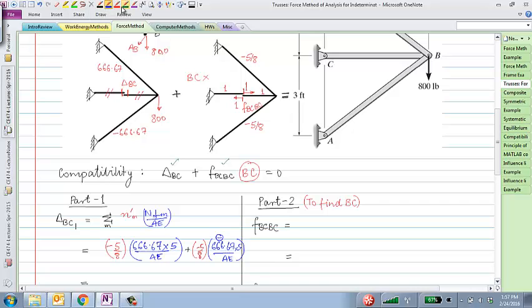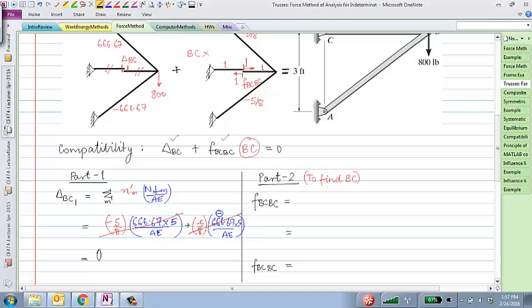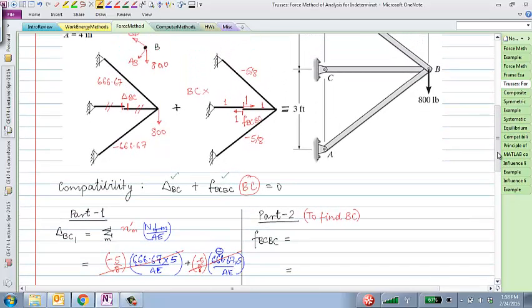Clearly both of those terms cancel off, and what we get is 0. So for this particular problem, it so happens that the displacement at the cut under the actual force is 0.